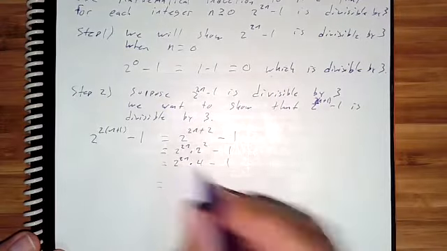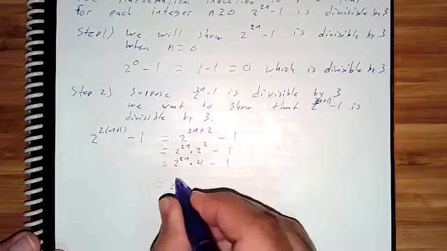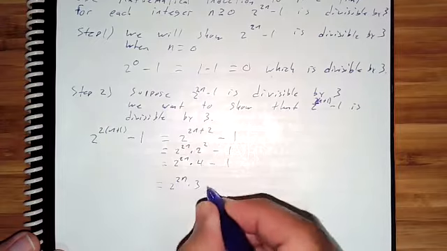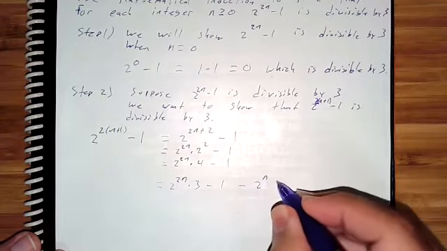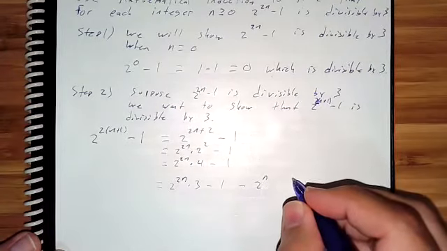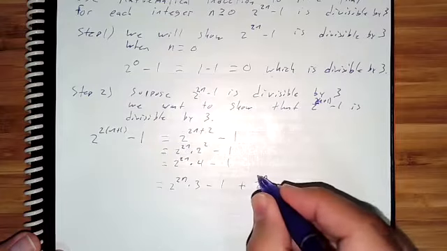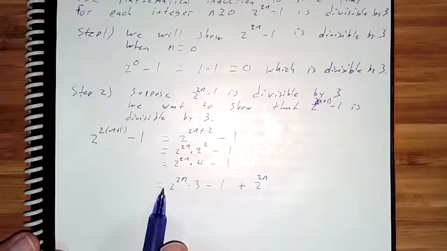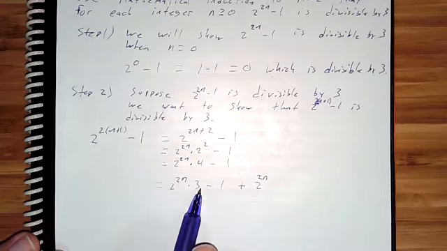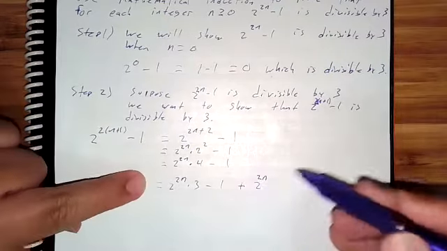So there's 4 of these. So I'm thinking if I subtract one of them, then I'll have 3 of them, right? So subtract one of these right here. And so I'm basically breaking a piece off. Does that make sense? Right. 2 to the 2n plus 2 to the 2n would be 4 of them. So 3 plus 1 more of these is 4. So this is equal to that.